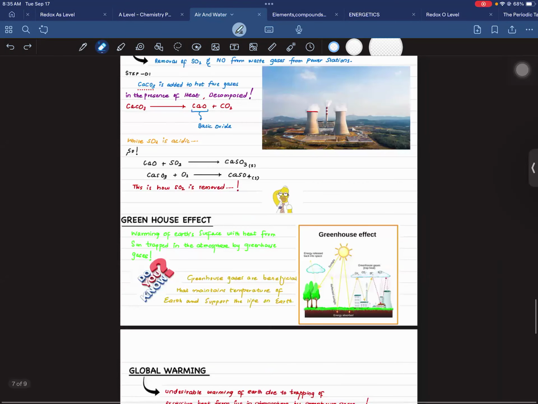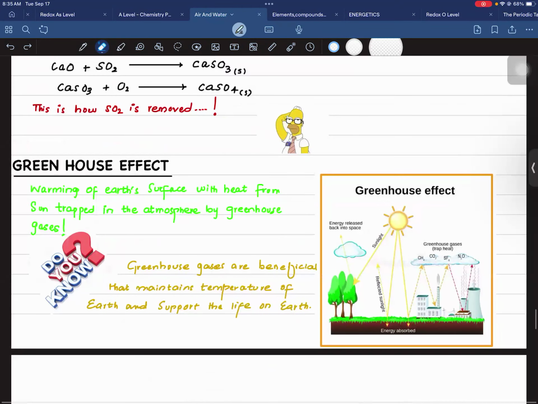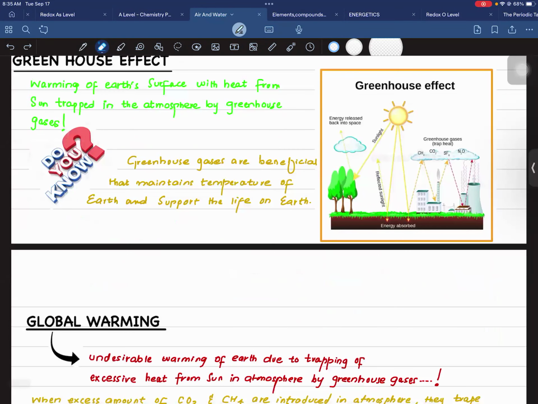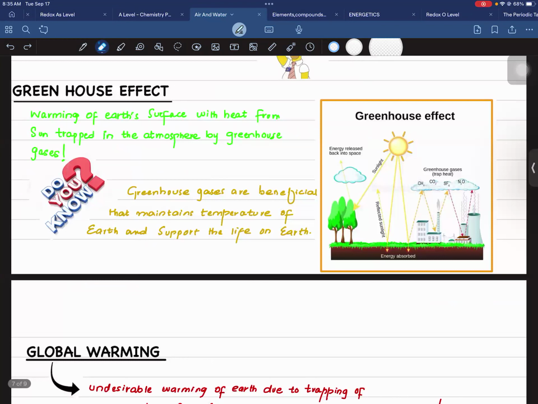Then we have the greenhouse effect: warming of Earth's surface with heat from the sun trapped in the atmosphere by greenhouse gases. You know, the greenhouse effect is a good thing for us. Fortunately, if there were no greenhouse gases, we would all die from the cold.